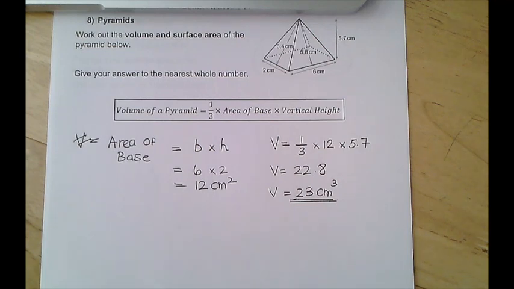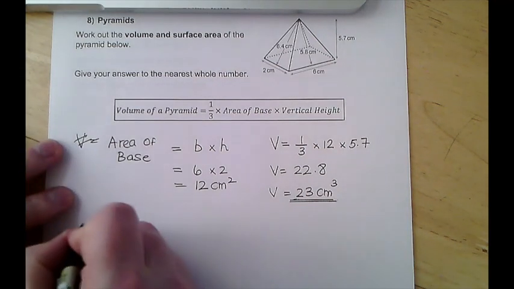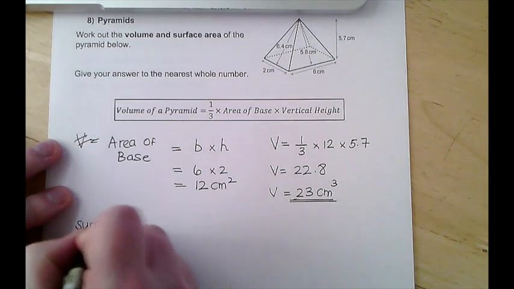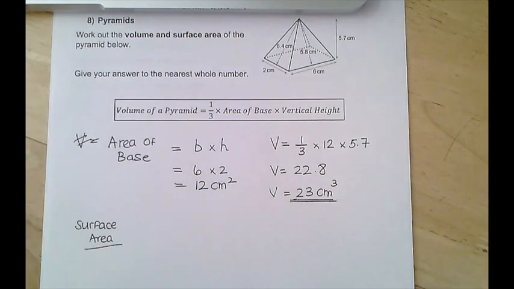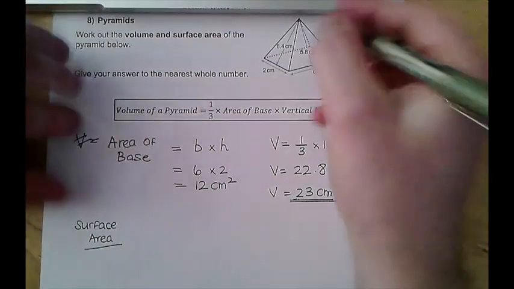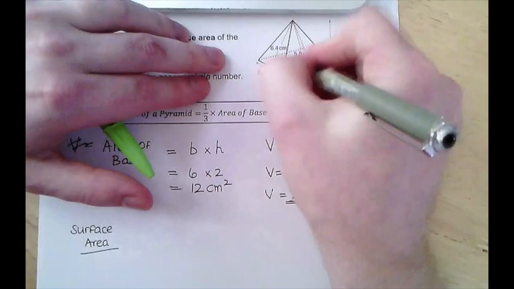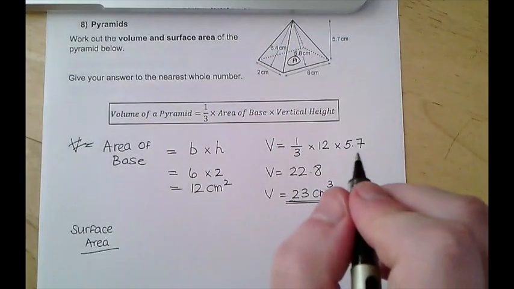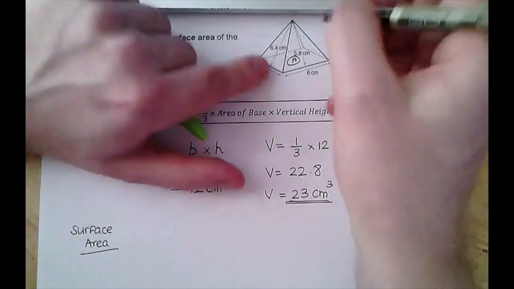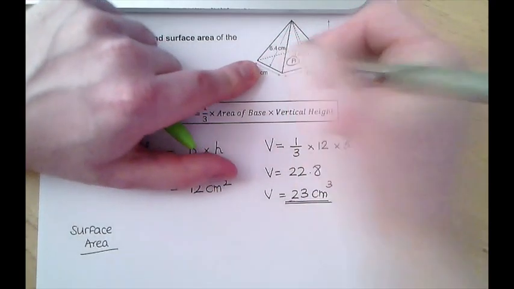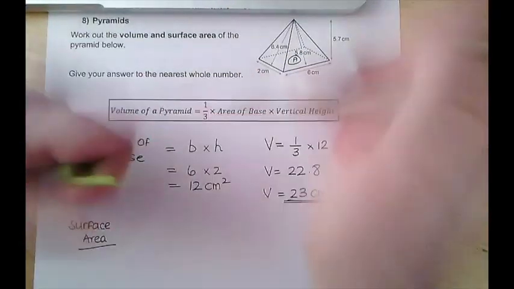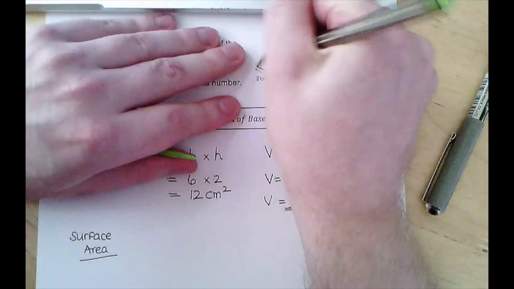Now, for the surface area, we need to think a little bit, because it's the area of all of the surfaces put together. So we've got the base, which I'm just going to call A. We've got this part here, so I'll put that in green.